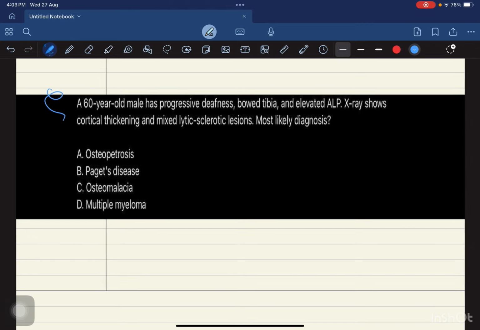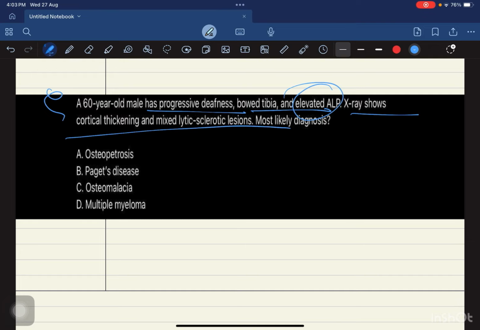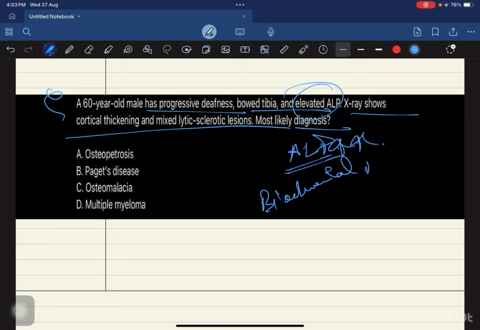A 60-year-old male has progressive deafness, both tibia involved, elevated ALP. The X-ray shows cortical thickening and mixed sclerotic lesion, most likely diagnosis. Now the ALP is elevated when all the other biochemical markers are normal. ALP elevated with all other biochemical markers normal is characteristic for Paget's disease. It also comes with a history of progressively increasing hat size.